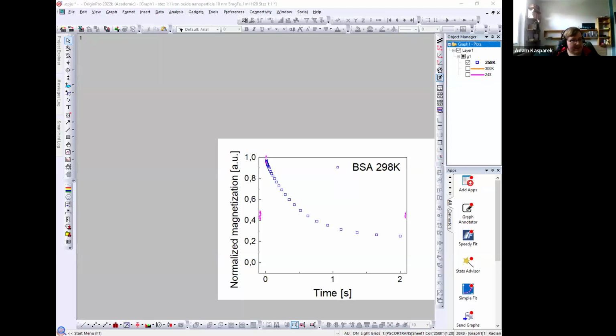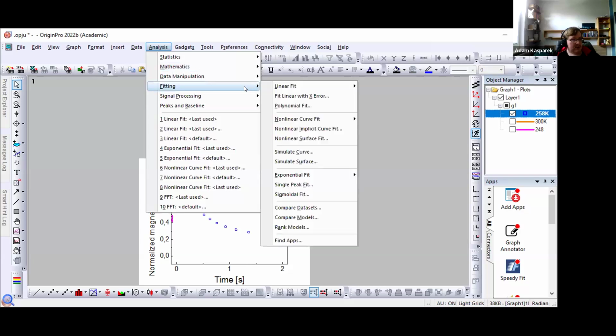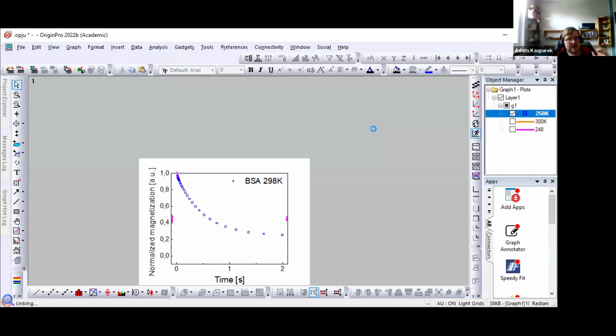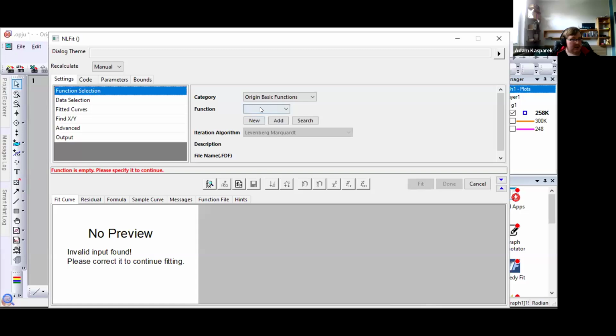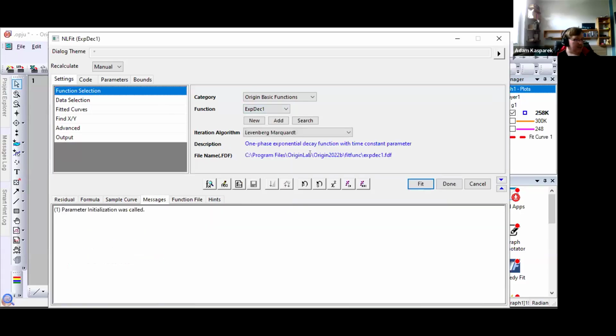Okay, we have here some data, the measured magnetization, and we want to try to fit an exponential here. Origin has many pre-built, pre-written functions. In this case I usually go to the one called ExpDec1.